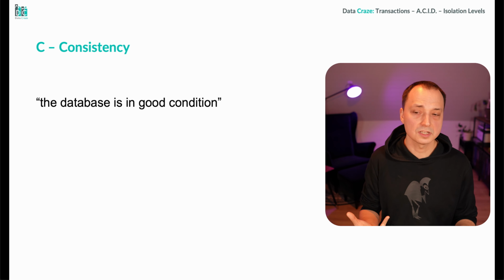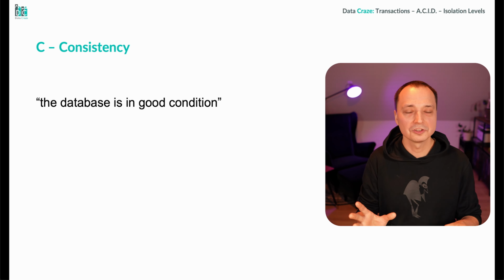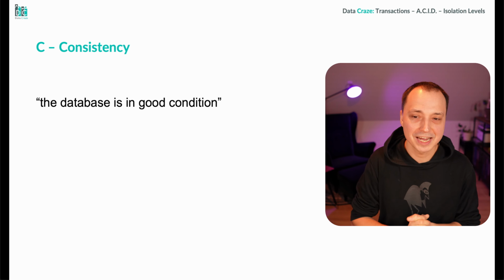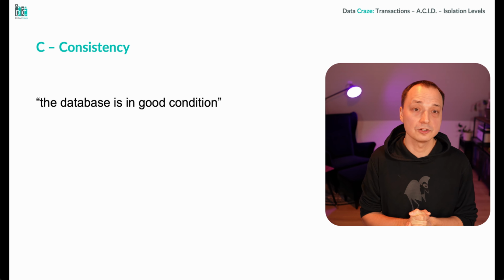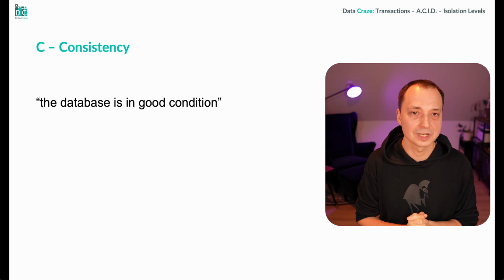Moving on, consistency. The database is in a good state, period, right? Let's move on. No, let's park it for a second. What does it mean exactly that the database is in a good state, and who or what is responsible for this good state?